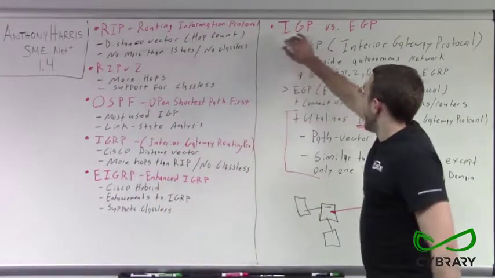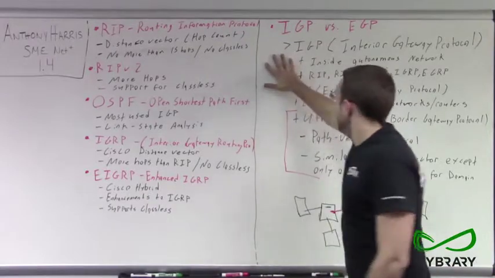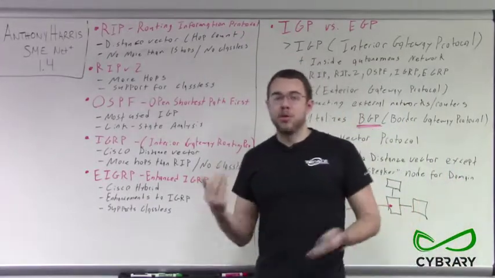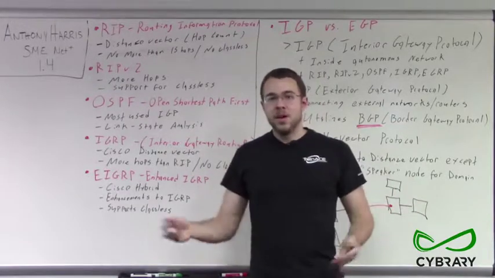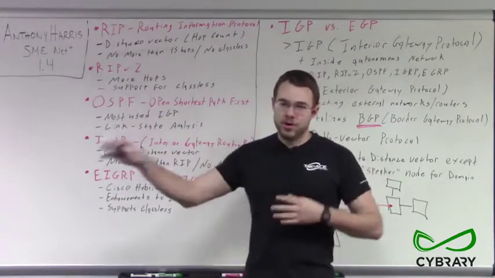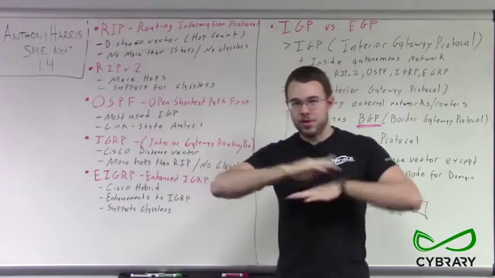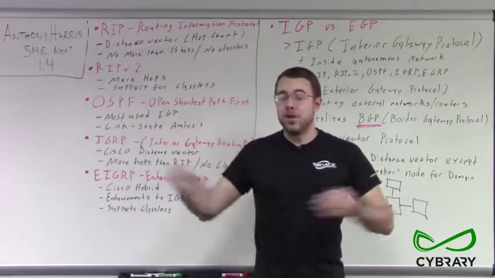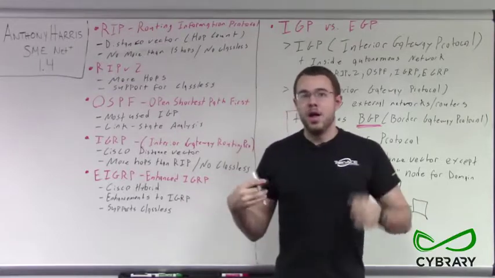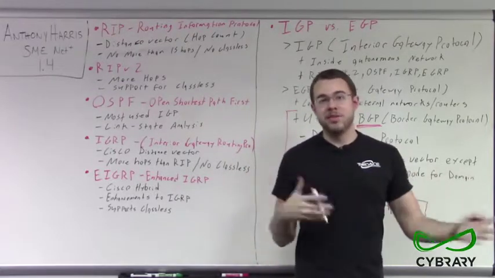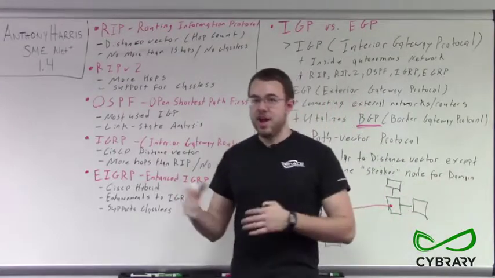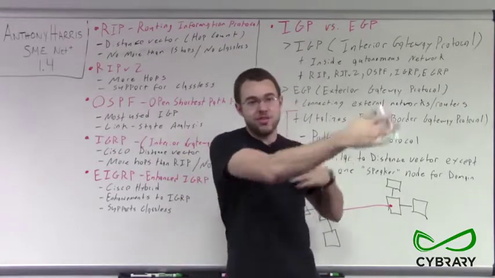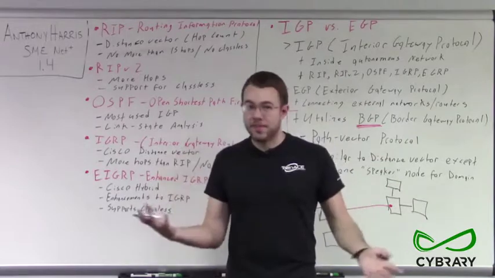Now we have all of our IGP protocols, all of our interior gateway protocols. These are different protocols that our routers are going to be using in our environment. All of our different routers on all of our different floors and offices across our building, across our domain, are going to be using in order to communicate with each other, in order to exchange routing table information and exchange different vector path information and exchange speeds and latency and all that.